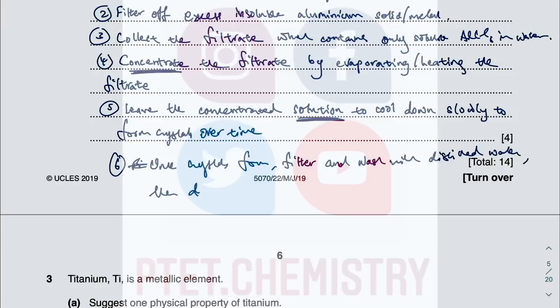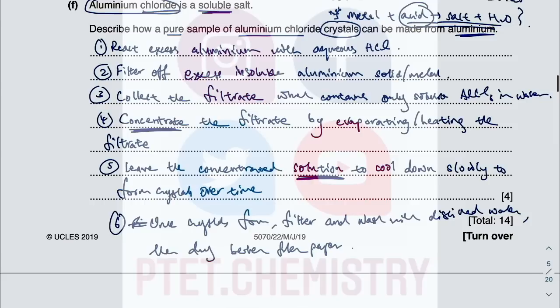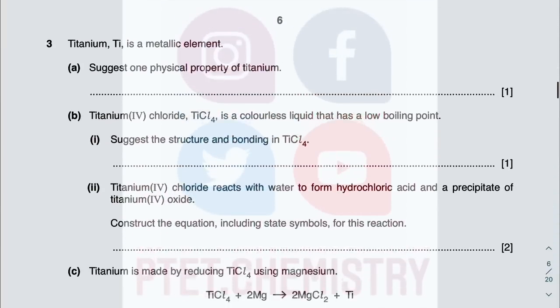Then dry between filter paper. Then you can get dry crystals of pure aluminium chloride. But this last step might not be necessary because they don't specify a dry pure sample, just a pure sample of the crystals. So allowing it to crystallize is very important.